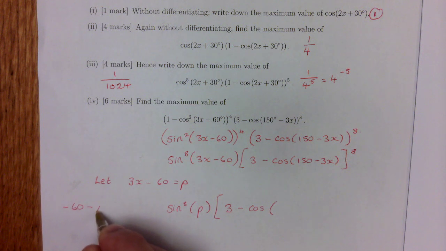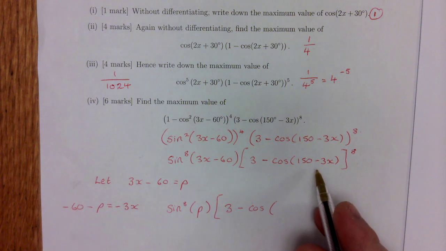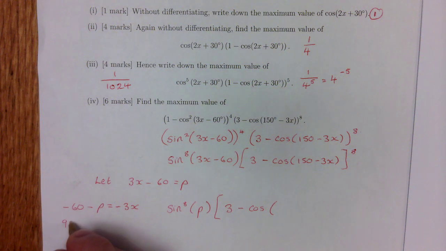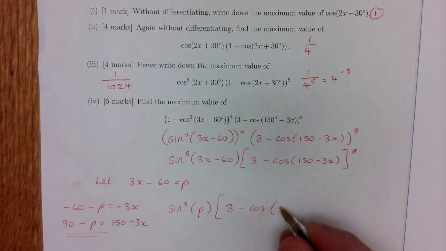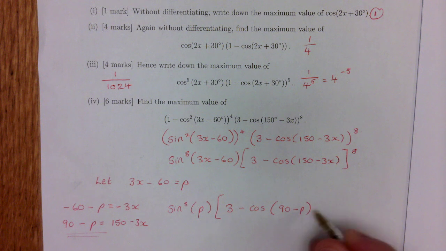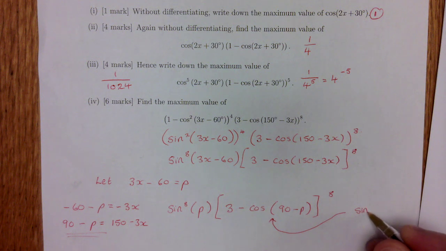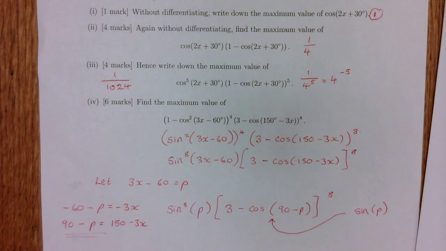Negative 60 take away p is going to be negative 3x. I want 150 take away 3x. So if I add 150 to both sides, I get 90 take away p equals 150 take away 3x. So therefore this is going to be 90 take away p. And we should see that cosine of 90 take away p is going to be the same as sine of p. Okay.